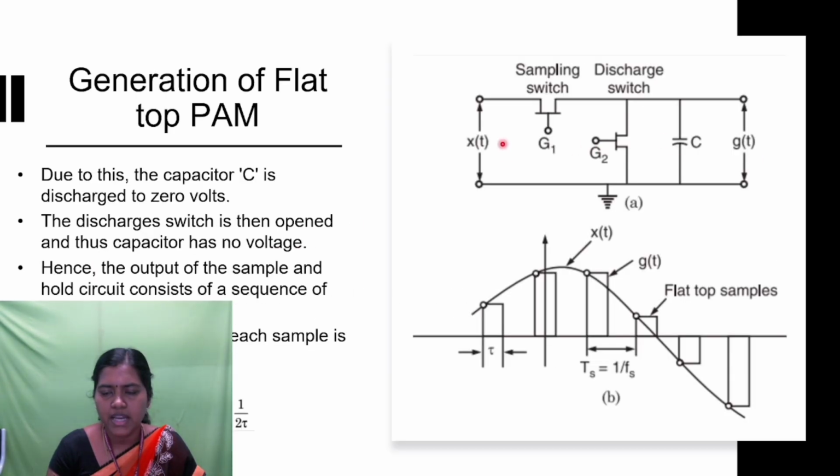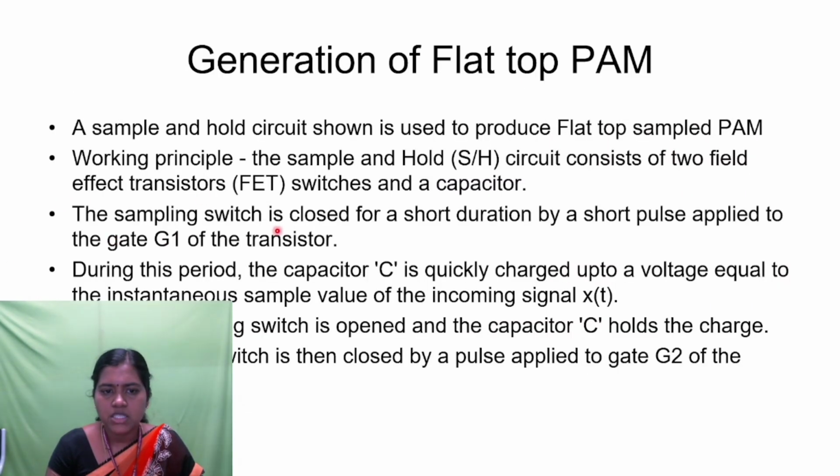If you see in this diagram, this is the sampling switch, gate 1, and this is the discharge switch, gate 2, and this is your capacitor. So the sampling switch is closed for a short duration by a short pulse applied to gate 1 of the transistor. During this period, the capacitor is quickly charged up to a voltage equal to the instantaneous sample value of the incoming signal.